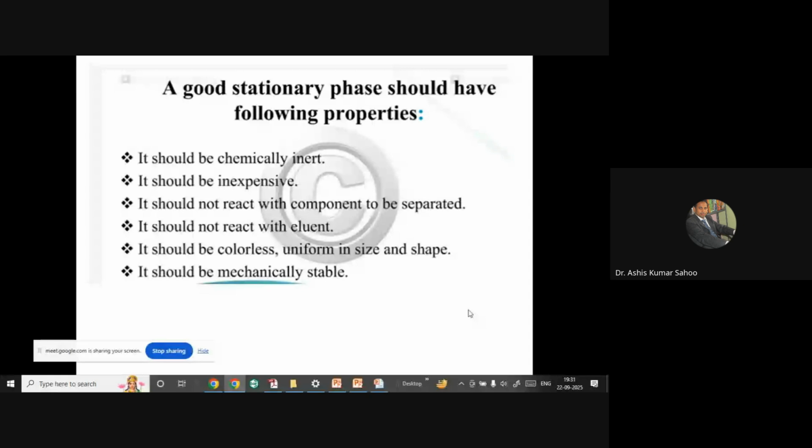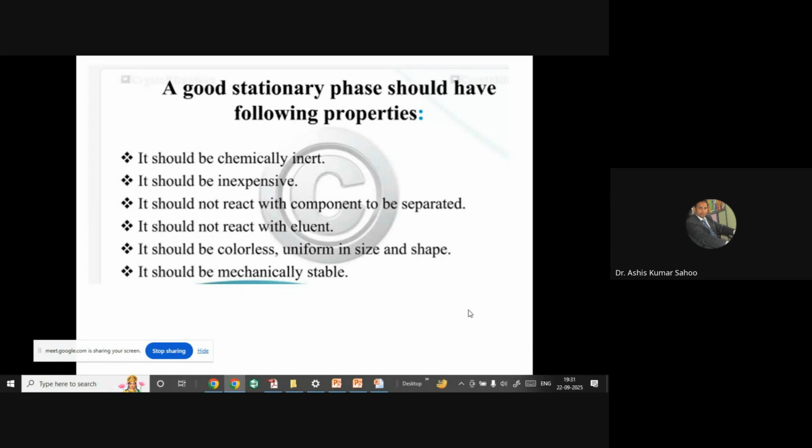A good stationary phase should have the following properties. What are the good stationary phase characteristics? It should be chemically inert, inexpensive, it should not react with the components to be separated, it should not react with the solvent, it should be colorless, uniform in size, and mechanically stable.